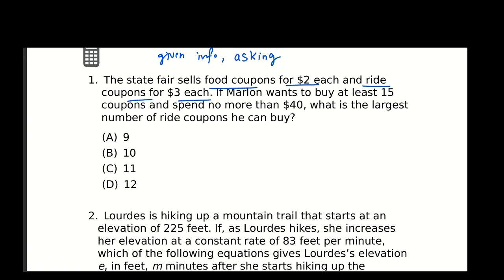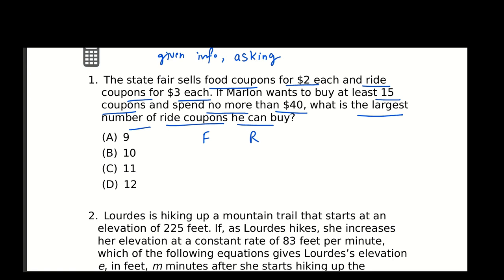If Marlon wants to buy at least 15 coupons and spend no more than $40, what is the largest number of ride coupons he can buy? So the given information is that there are food coupons and ride coupons.